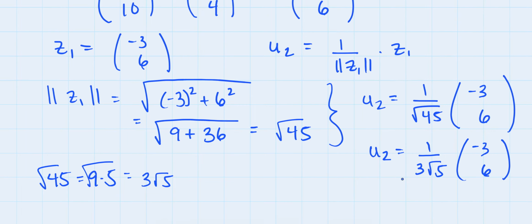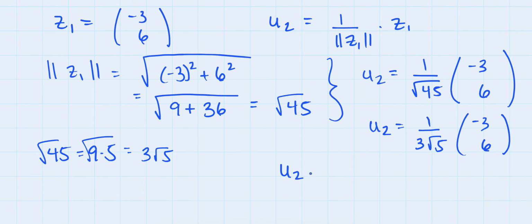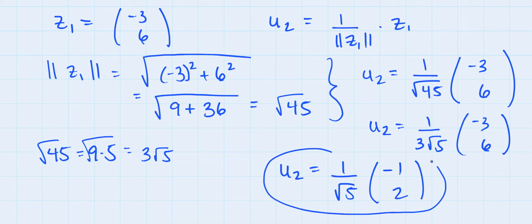I'm going to leave the root 5 out. So I get U2 is 1 over root 5 times (-1, 2). So let me circle that, and let's put it in red. So we found our two vectors.